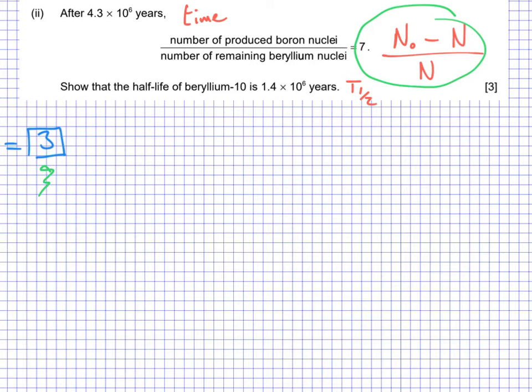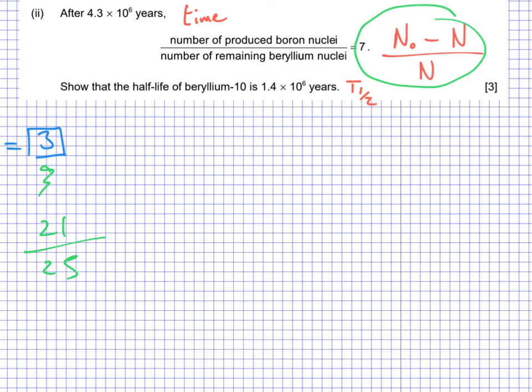So recall that these N naughts and N's represent the original number of beryllium minus the remaining. So think about if you did a test and you got a score of 21 out of 25. This would be pretty easy to convert into a percentage, right? Well, same thing for our N naughts and N's.